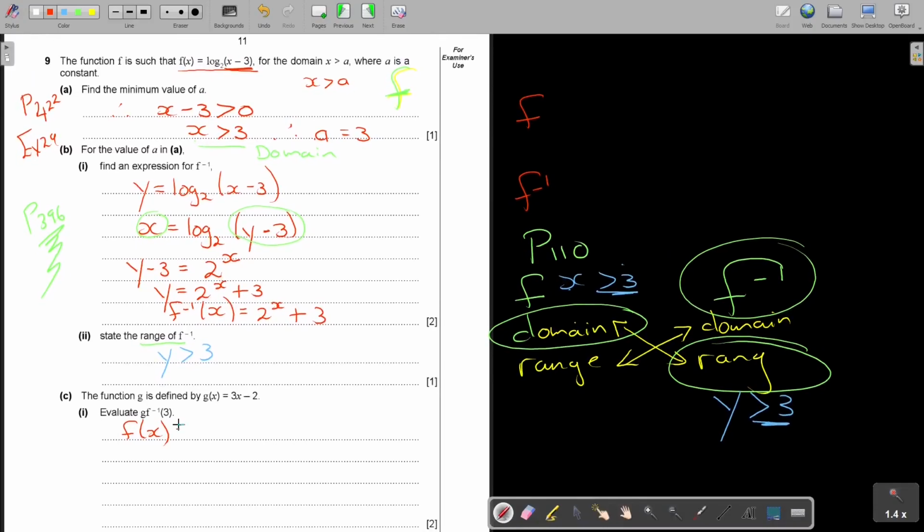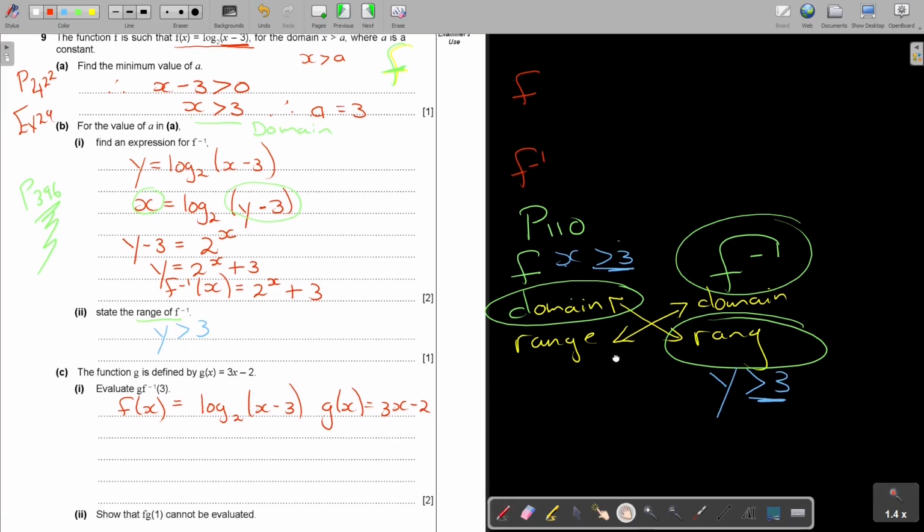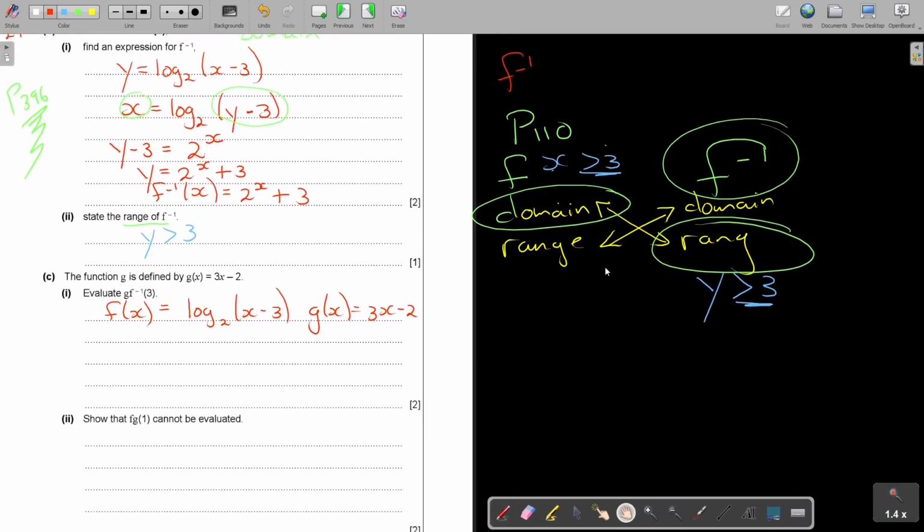So it's going to be log 2 x minus 3, and then g(x) equals 3x minus 2. But now, oh, I forgot, it's not f, they're asking for the inverse. So I can even write it down. So this was actually unnecessary. So the inverse, just check, because now I wasted unnecessary time.